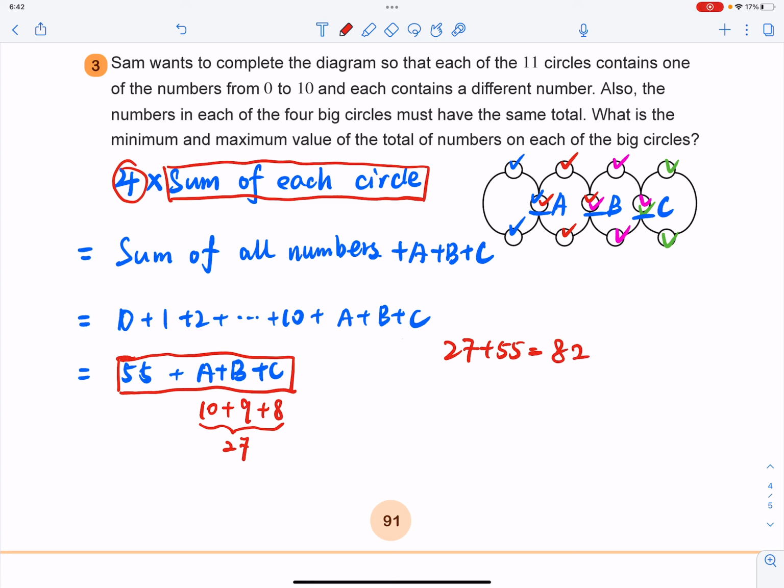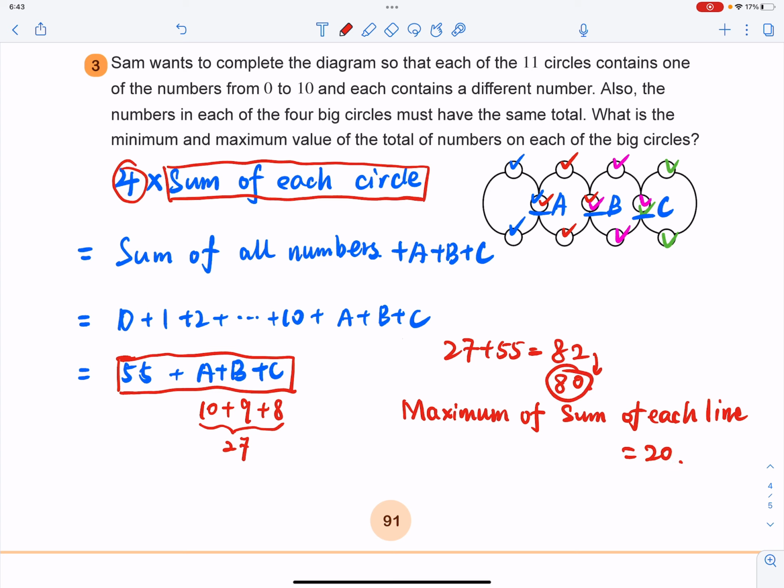And we know that 82 is not divisible by 4, so a little bit smaller than that, the number that is divisible by 4 will be 80. So that means the maximum of the sum of each line equals 80 divided by 4, which is 20.